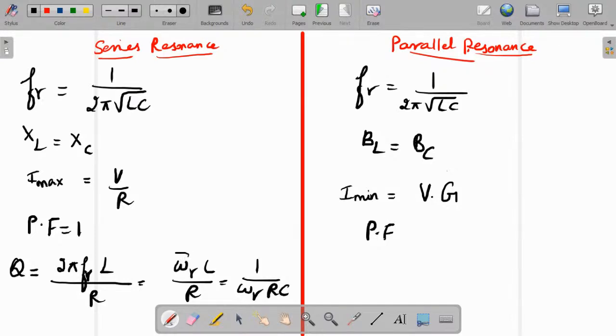Here omega R denotes the resonance. It can be an RL circuit, RC circuit, or RLC circuit. This is the Q factor formula. For parallel, just take the reciprocal: R by omega R L, or omega R into RC.